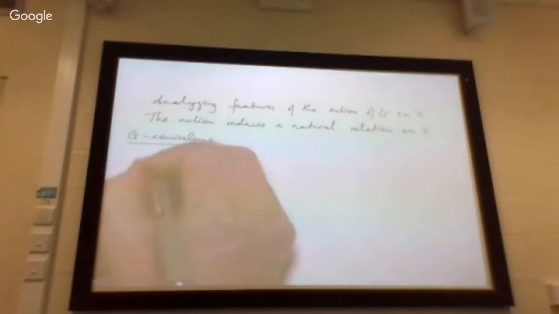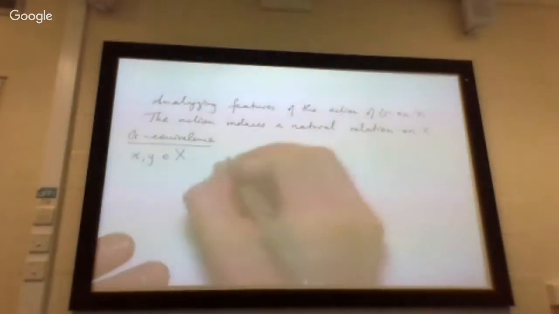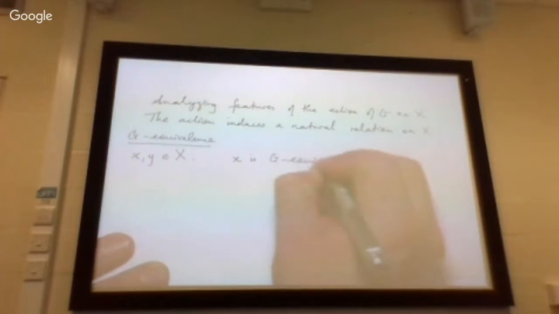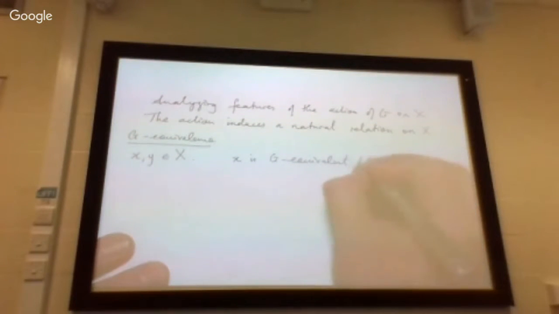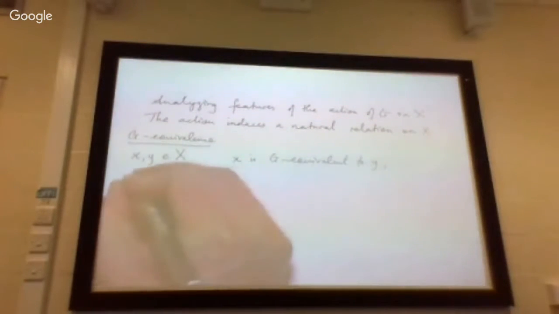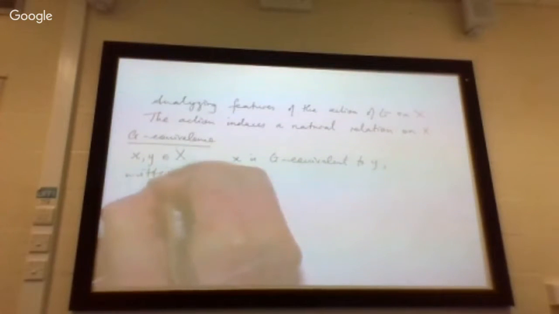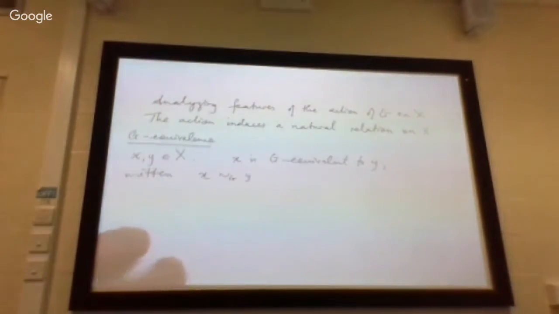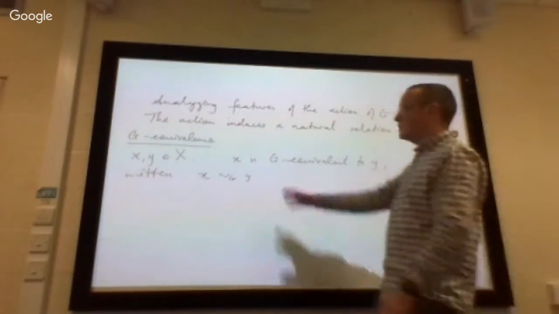So if we have x and y, two elements of this set X, we say x is G equivalent to y. We write that as x tilde, and you put a little subscript G on the tilde. We won't use that notation a whole lot.